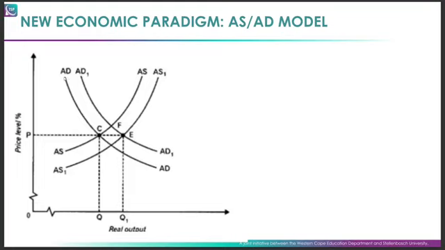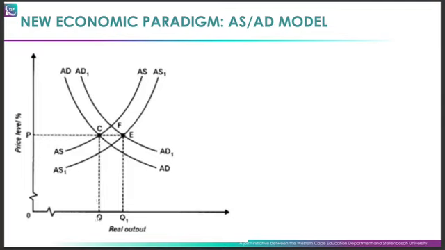So we see here's the original demand curve is AD. Your original supply curve is AS. And we find that at point C, the market is in equilibrium. And at point C, your equilibrium price is price level P, and your equilibrium quantity is at Q.